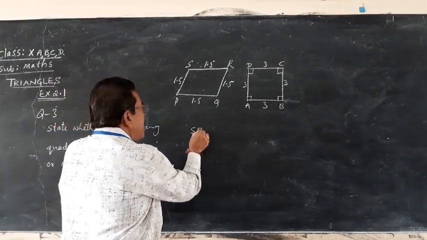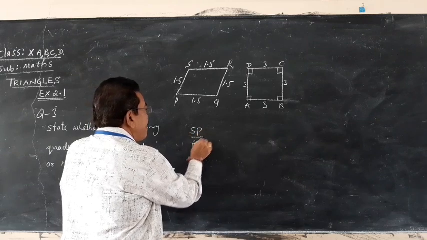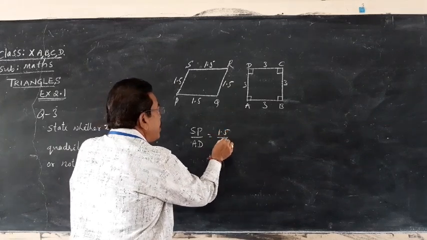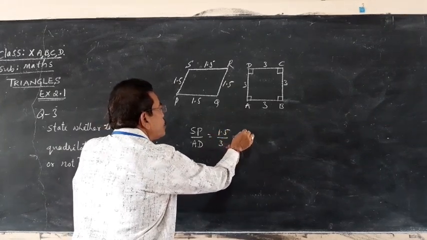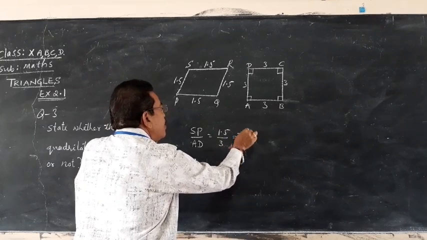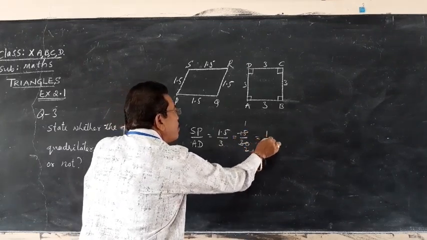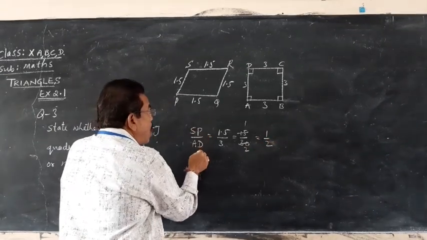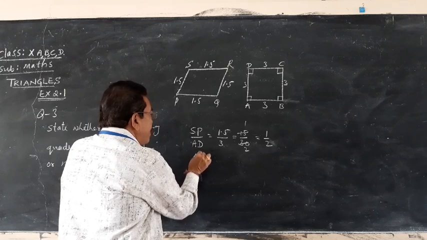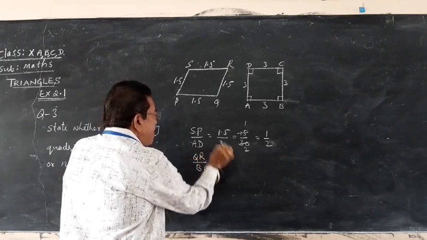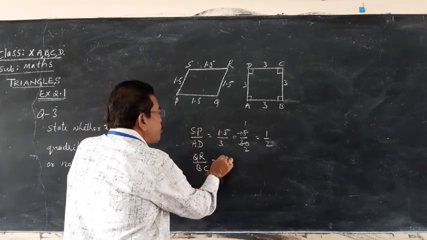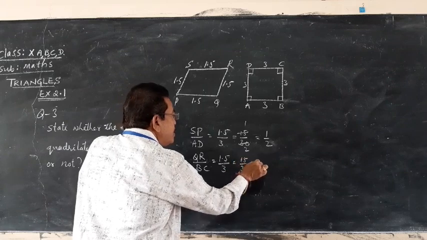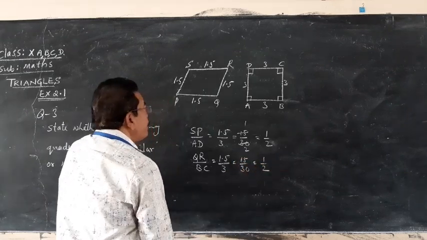Proportion SP by AD, corresponding side, that is 1.5 divided by 3, that is equal to 15 by 30, which is 1 by 2. Then QR divided by BC, that is 1.5 divided by 3 equals 15 by 30, that is 1 by 2.